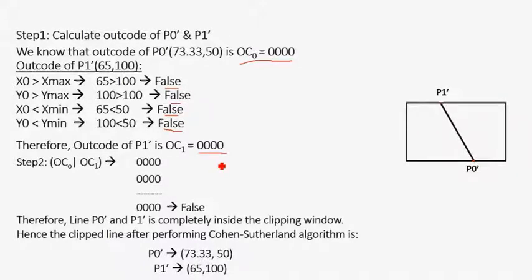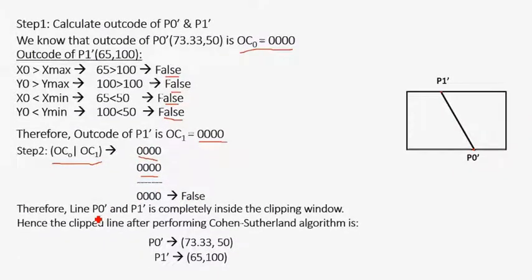The next thing is step 2. I have to see if the line is completely inside or outside. Since the OR operation of these two outcodes gives me false, I conclude that the line P0 dash and P1 dash is completely inside the clipping window, and I stop my algorithm, and in the output I plot the line from P0 dash to P1 dash.